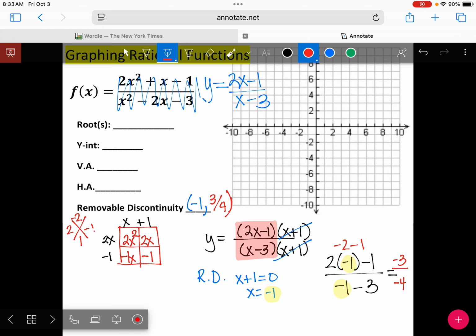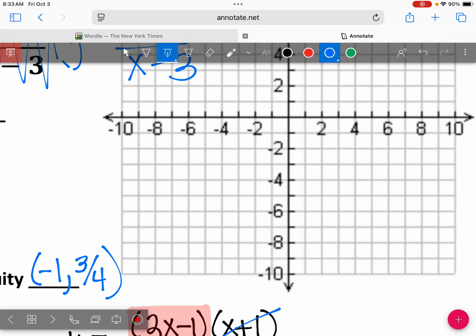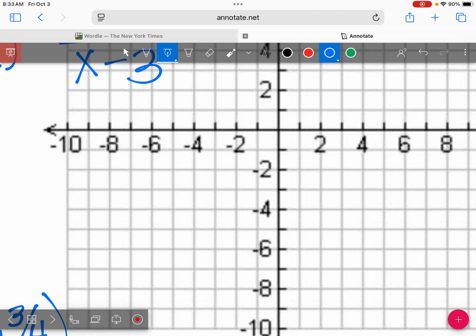So that's where we have our removable discontinuity. That looks like a hole in our graph because we talked about that with limits. So at -1, 3/4, we have to approximate it. I'm going to put an open circle on my graph. That's the hole that we were talking about. This is a removable discontinuity.